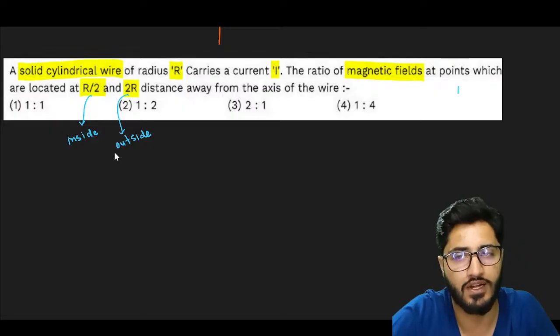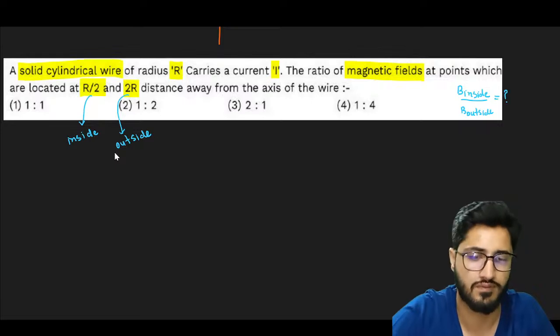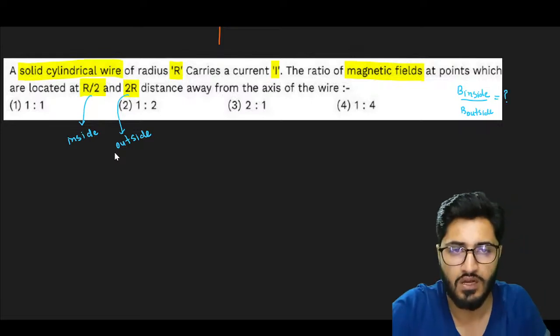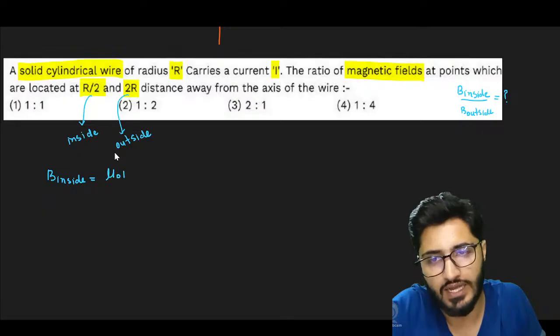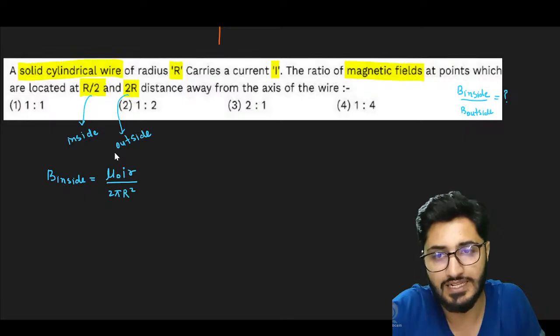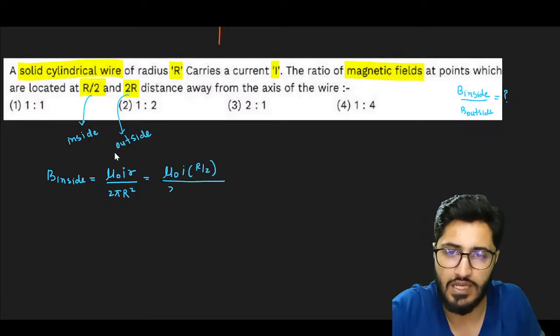That means we have to find B inside to B outside. Okay, look now. What is B inside? We discussed it: it is mu naught I r divided by 2 pi r square inside. Mu naught as it is, I current as it is, but r is r by 2, whole divided by 2 pi r square.